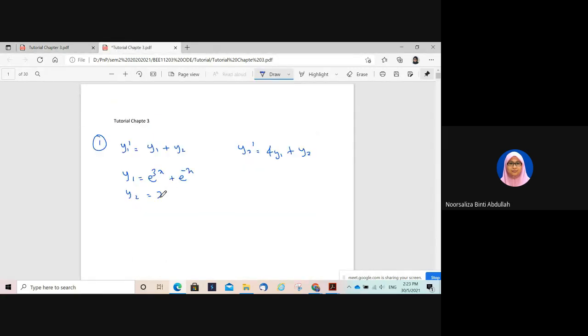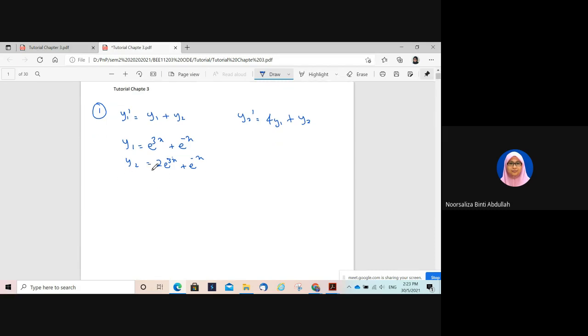So what you need to do is, here you have Y1, here you have Y2. For Y1 prime, you substitute this Y1 and Y2 inside this equation.